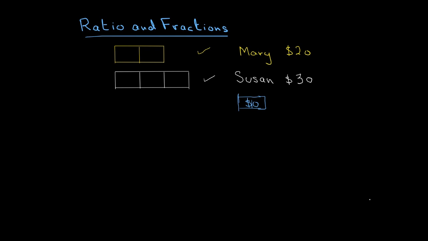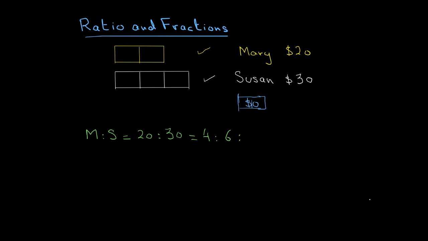Now we can work through this again. If we work it out, we know that the ratio of Mary to Susan was equal to 20 to 30 if we use $1 as the unit, but we could also say this is equal to 4 over 6 if we use $5 as the unit that we are comparing with.